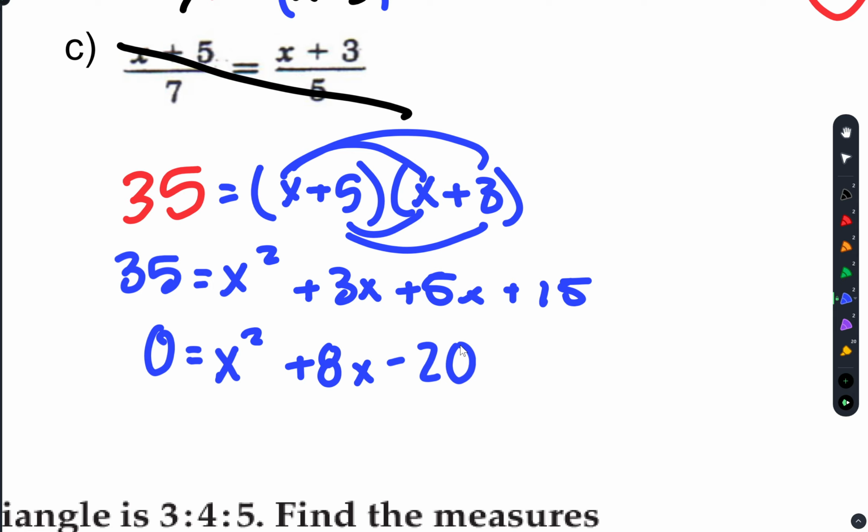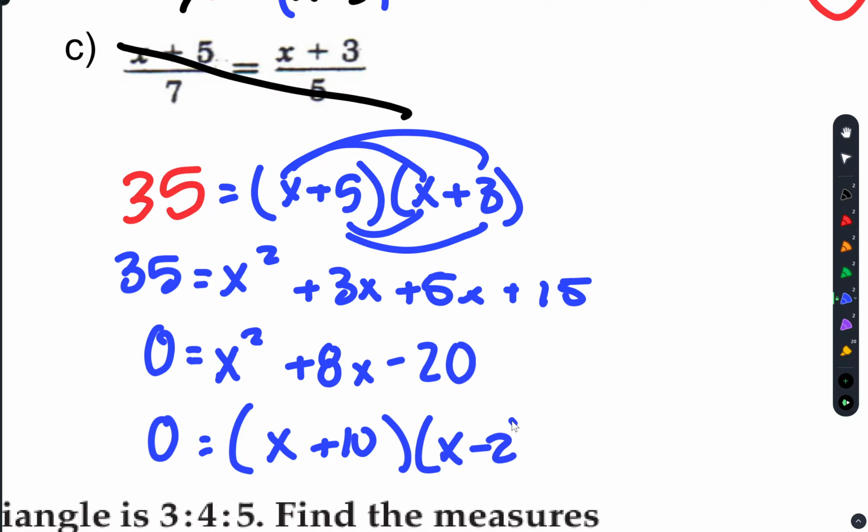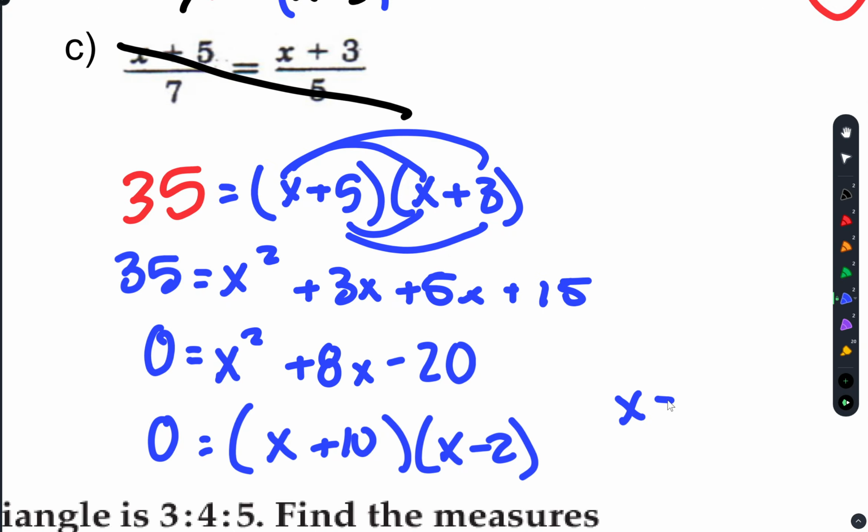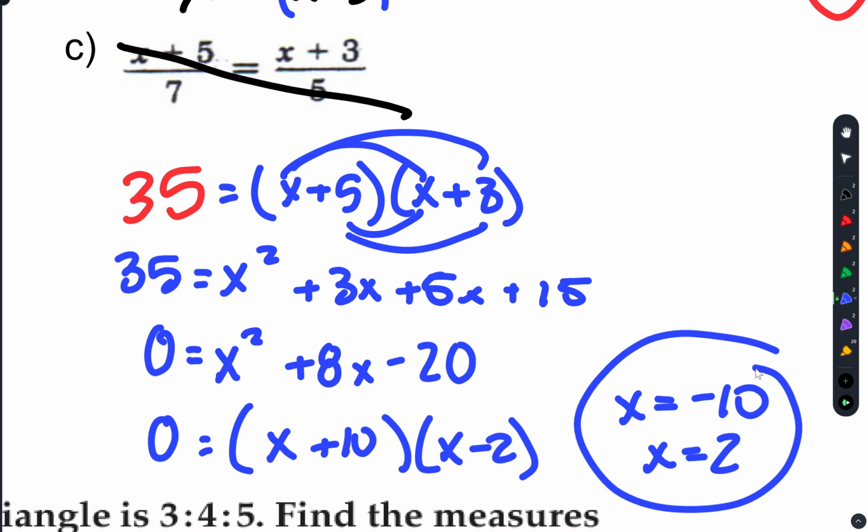I don't actually know if this does factor. Oh, yeah, it should. x plus 10 and x minus 2. Your two answers here are going to be x equals negative 10, x equals positive 2. Okay, you are going to have to factor, so just be prepared for that. Questions on this? We're almost done.